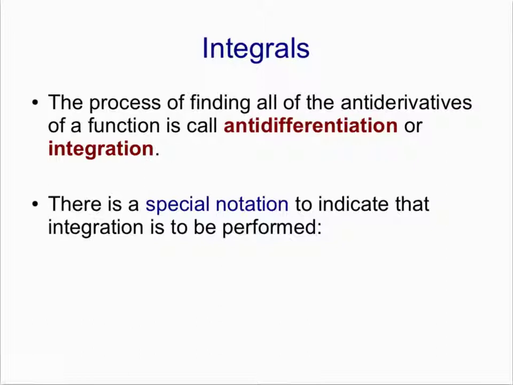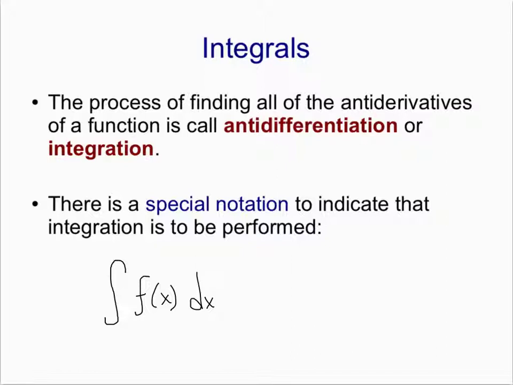And the notation looks like this. If you want to find the antiderivative of a function lowercase f, then you would use this notation. It's a curvy, elongated S-type shape, which we call an integration symbol. Then you put the function which you're looking for the antiderivative of. And at the end, you put the variable, which is your variable of integration.